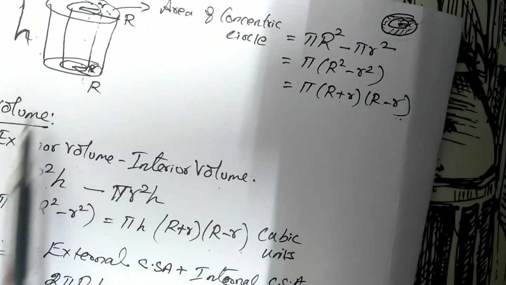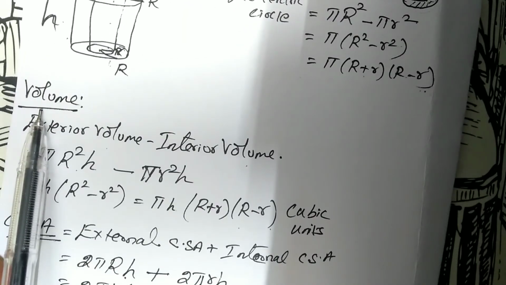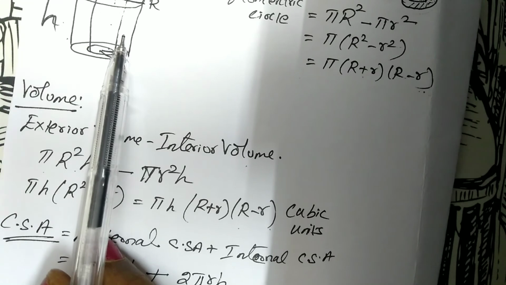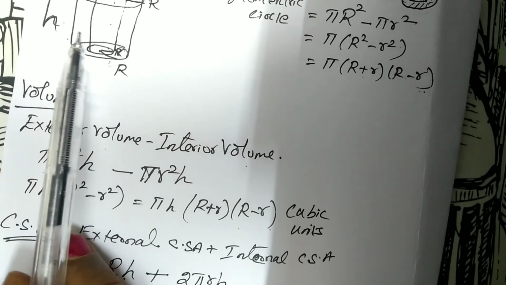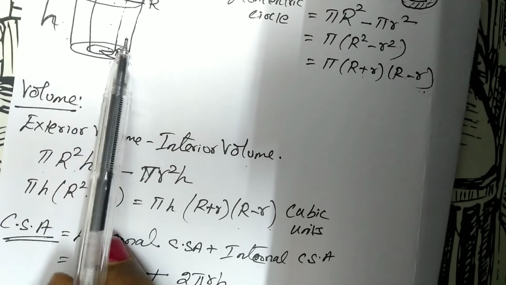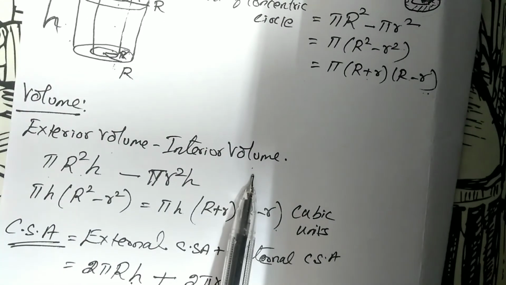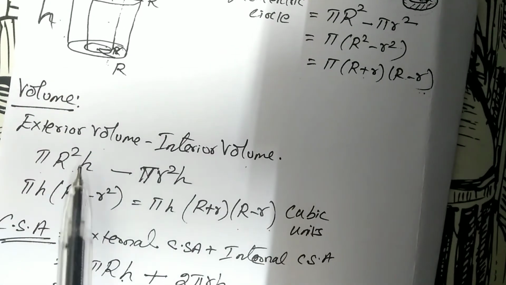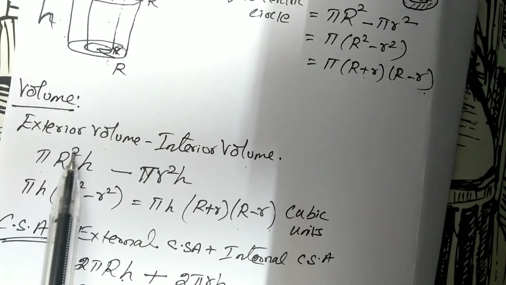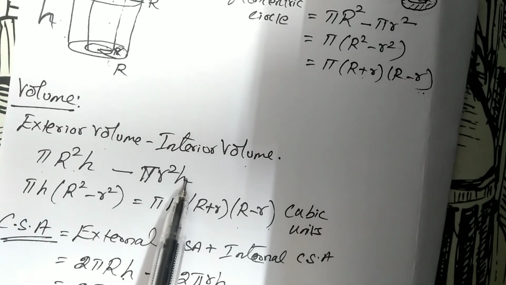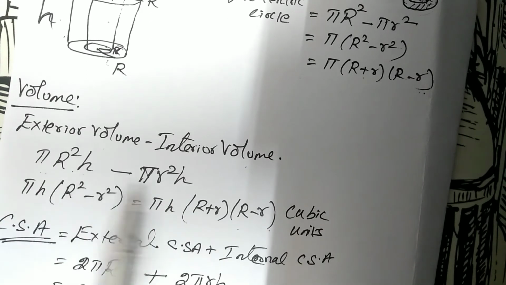Now we start with volume. What is the volume? Volume is the weight of the pipe, based on the thickness between the two pipes. That is the exterior volume minus the interior volume. So what is the exterior volume formula? Pi R squared H minus pi r squared H. We see pi H is common.